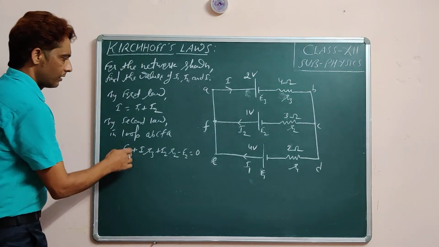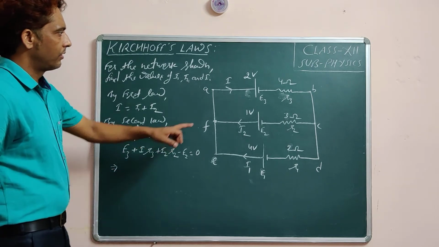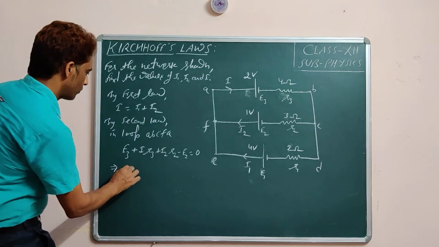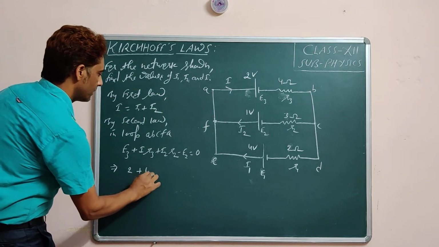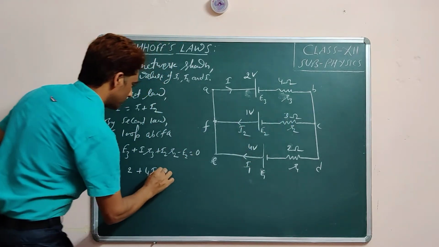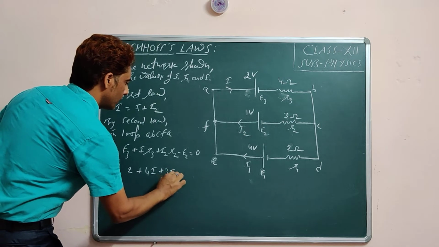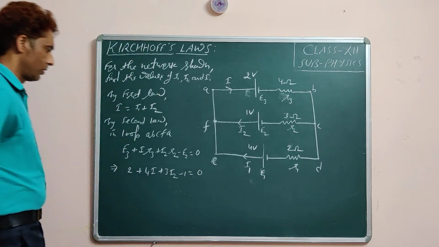If you put the values, the value of E3 is 2 volt. So 2 plus 4I plus 3I2 minus 1 is equal to 0.